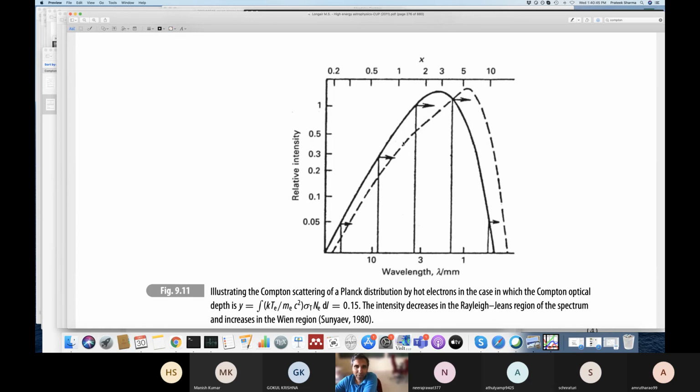You see the total number of photons has to be conserved, right, because it's scattering. But the mean energy of the photons has been increased to a slightly larger value.